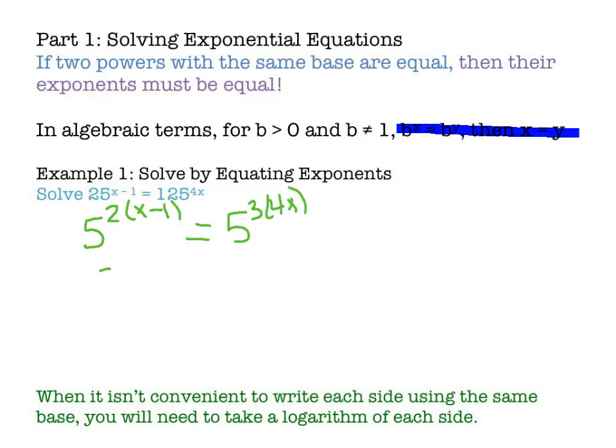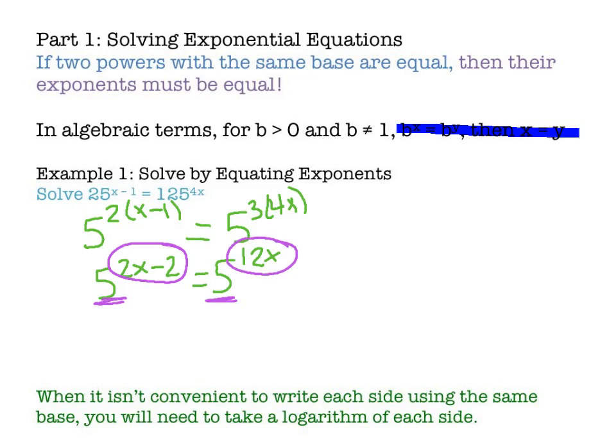Using the distributive property, I have 5 to the 2x minus 2 power, and that'll be equal to 5 to the 3 times 4, which is 12x. Now, according to this property, because my bases are the same, 5, then 2x minus 2 is going to be equal to 12x.